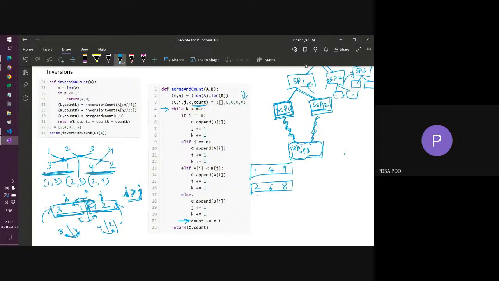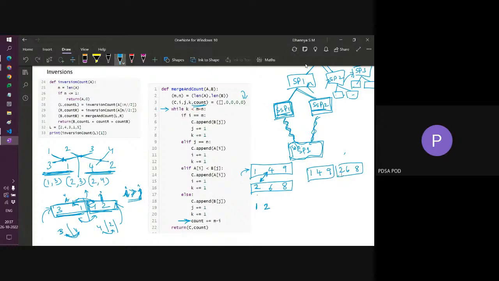You have not counted the inversions yet, but in the case of merge, you actually look at 1 and put it here. Then you compare these two, and then you put 2 here in the case of the merge method. What does that mean? My original list is something like this now. Even though I have divided into subproblems, my list is something like this.